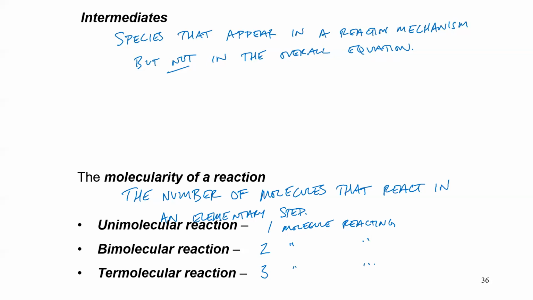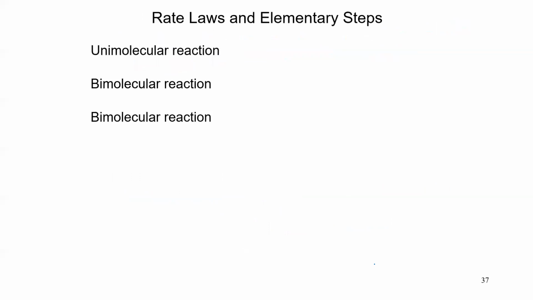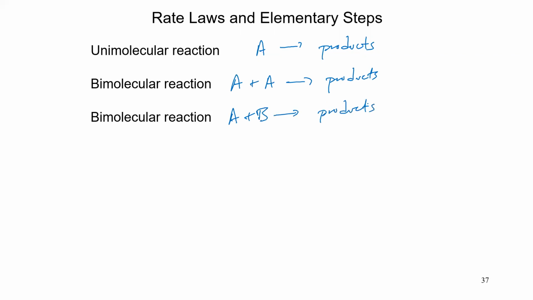Okay. The last thing before we head out today, how do we know if it's unimolecular, bimolecular? So an example here: A going to some products. For bimolecular, it could be two sort of reactions. It could be A reacting with itself, or it could be A reacting with B to give us some products. Both of those are bimolecular reactions.